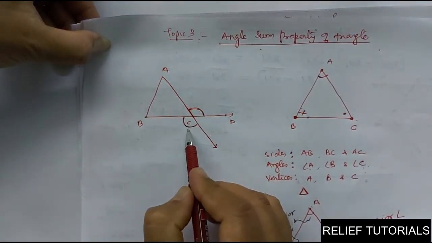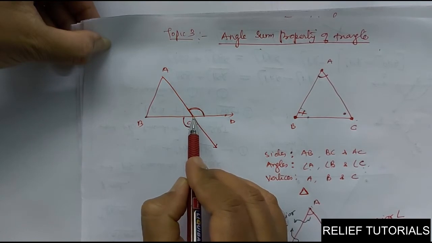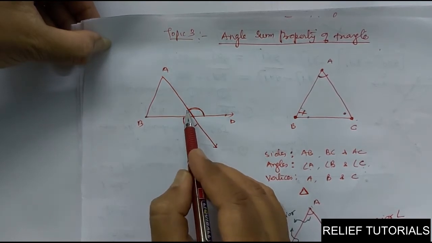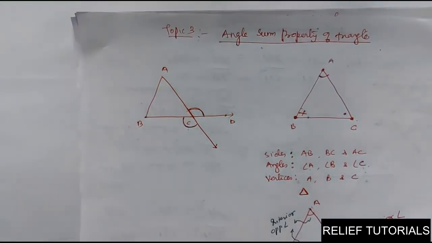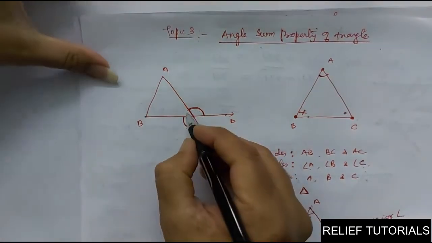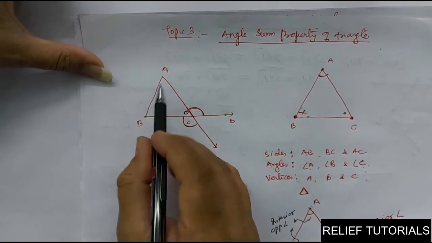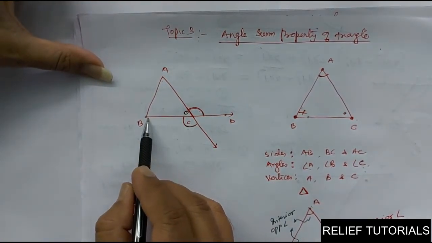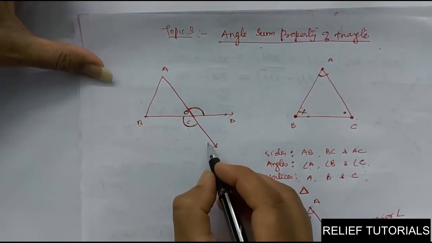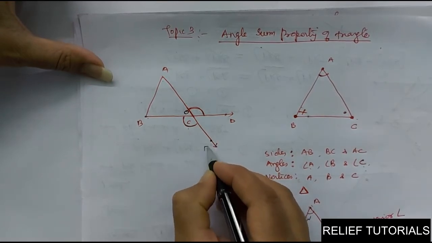Both of these are exterior angles at vertex C. Both of these form a linear pair with angle C. So A and B both are its interior opposite angles. If I say here E.